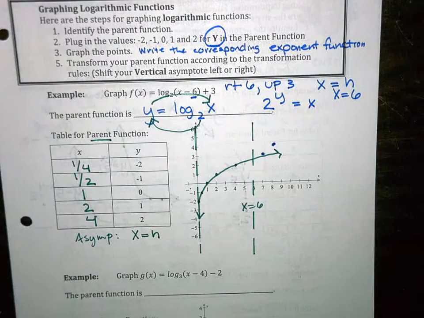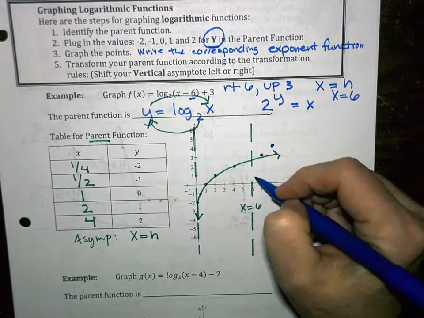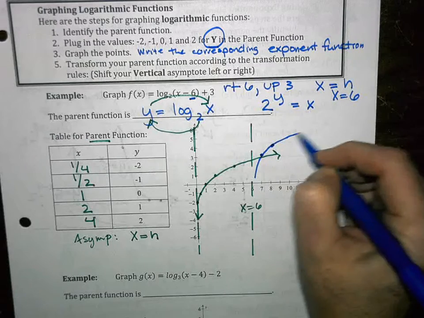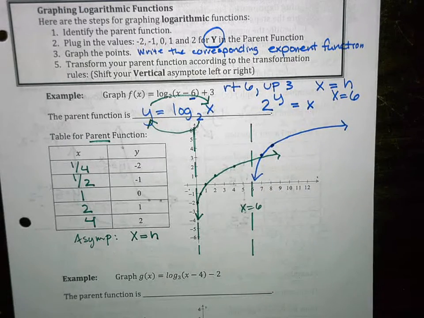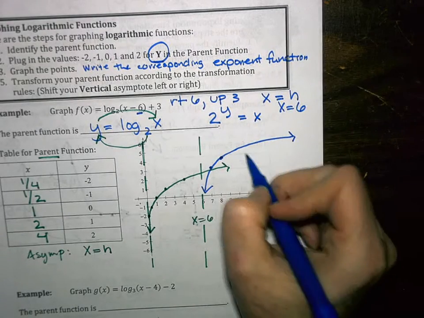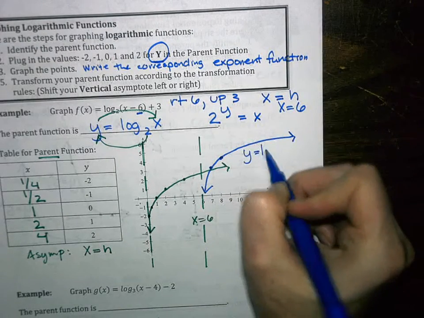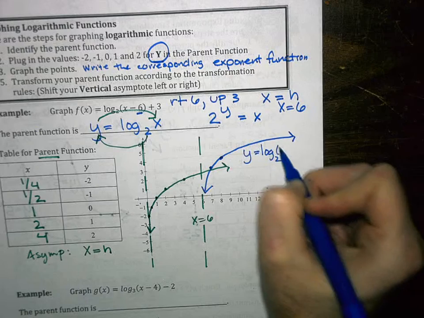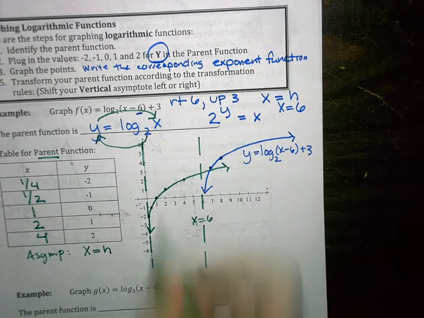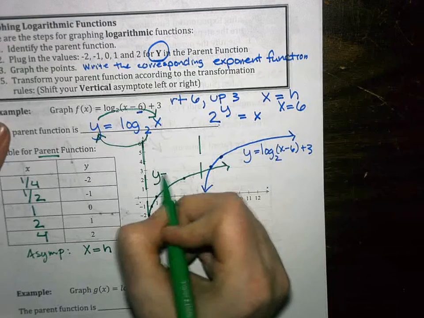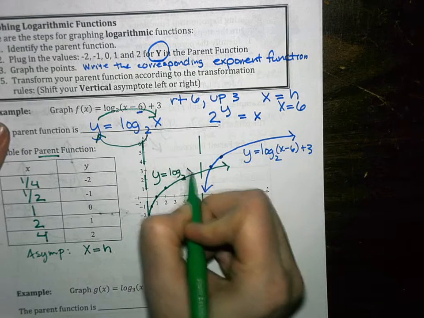Now I'm going to just sketch my function, which goes to the asymptote but never crosses it. Okay, so now I have y equals the log base 2 of x minus 6 plus 3. That's my transformed function. This was my parent, y equals the log base 2 of x.